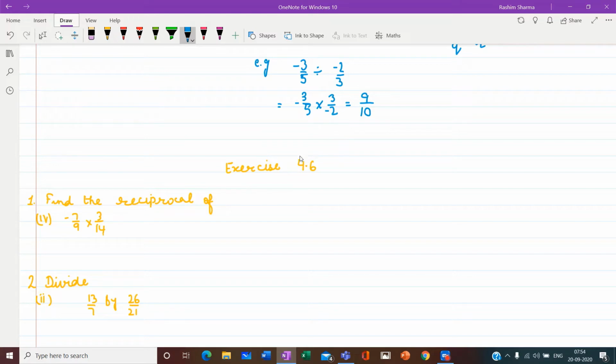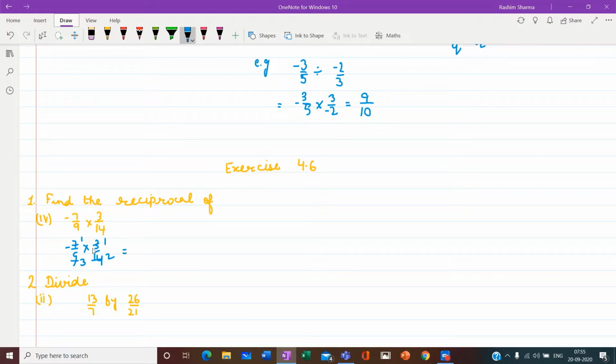Alright. Now, let us start with exercise 4.6. First question is, find the reciprocal of, fourth part is minus 7 on 9 into 3 on 14. So here we know minus 7 on 9 into 3 on 14. We can cancel 7 ones are 7, 7 twos are 14, 3 ones are 3 and 3 threes are 9.